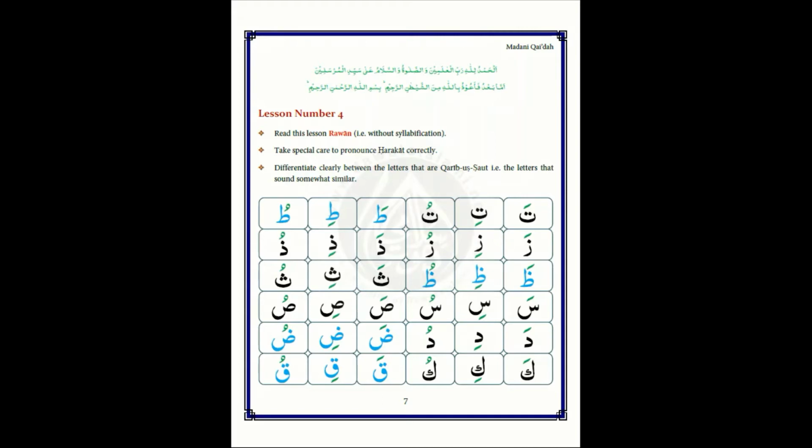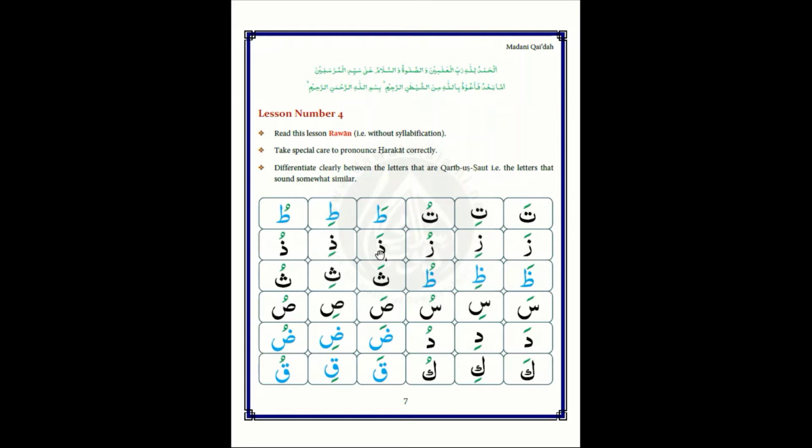Every time, in every state, whether they carry zabar, zer, or pesh, we need to pronounce them thicker. Ta zabar ta, ta zer ti, ta pesh tu, za zabar za, za zer zi, za pesh zu. See the intensity of pronunciation.